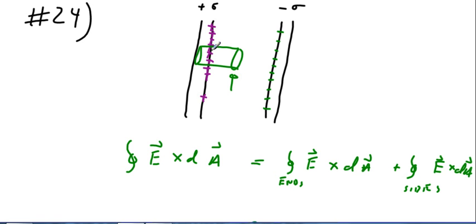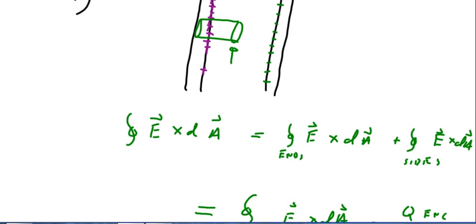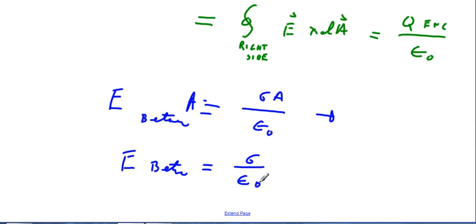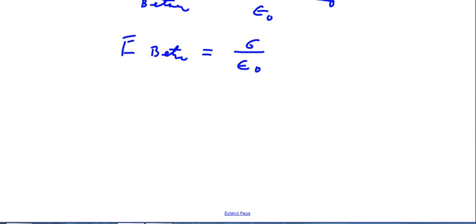Here's my charge that's enclosed, and that charge enclosed has to get out that way. It's not going to go this way, it's not going to go that way, and it can't go the other way because I have negative on this side and positive on that side. So the field lines of flux have to go through the right hand side. Okay, so I like my drawing and I like my answer.